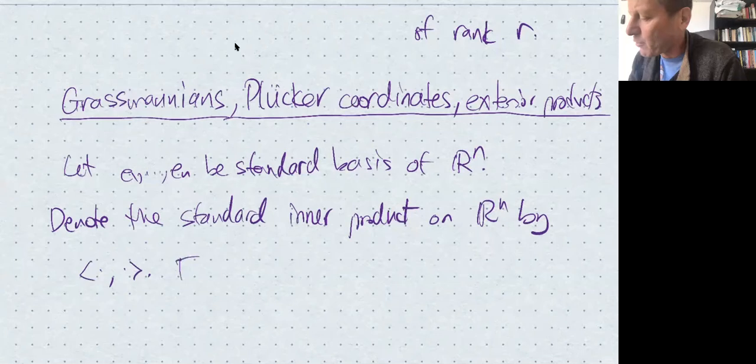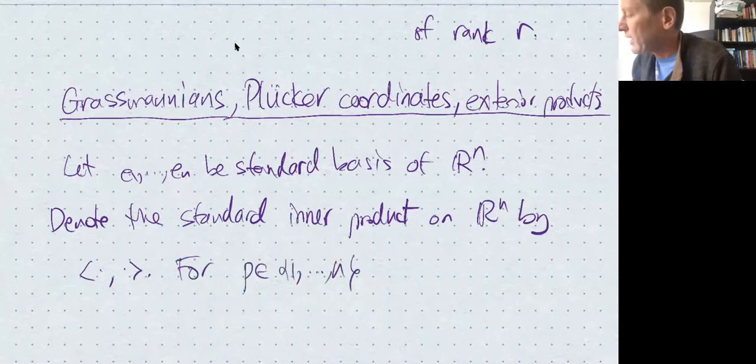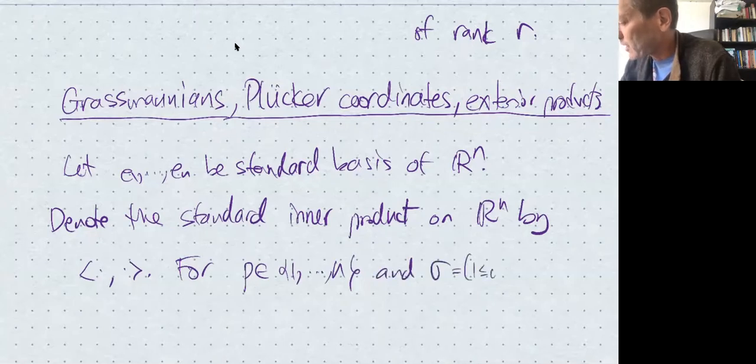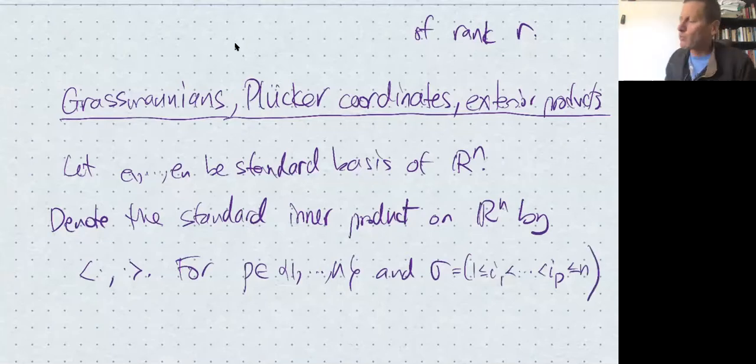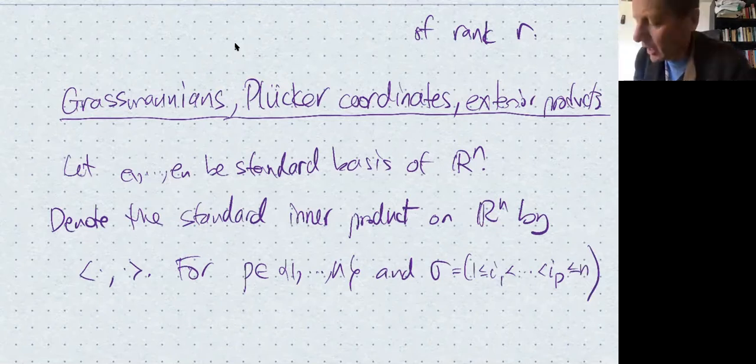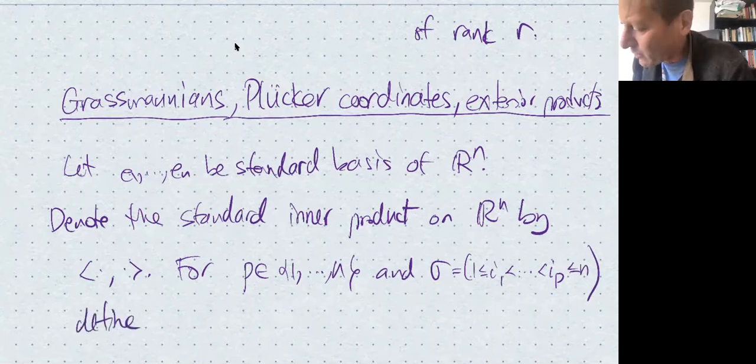And for some parameter p between 1 and n, and a multi-index sigma, so sigma is the following information. It's an increasing collection of numbers between 1 and n, consisting of length p, okay? We're going to define a formal expression, E sigma, in this way.